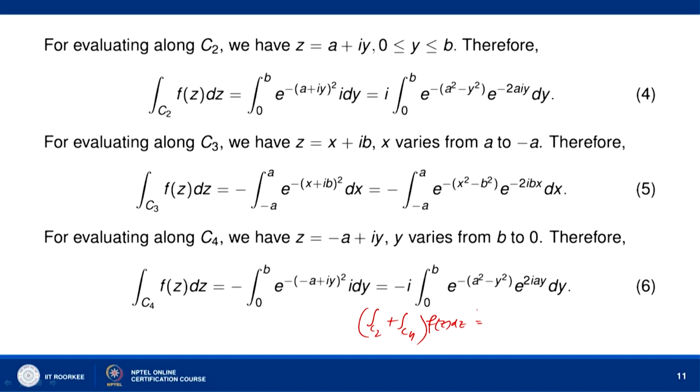This gives you minus i times integral over 0 to b e to the power minus a square minus y square, and e to the power 2iay, and then here minus e to the power minus 2iay, dy.